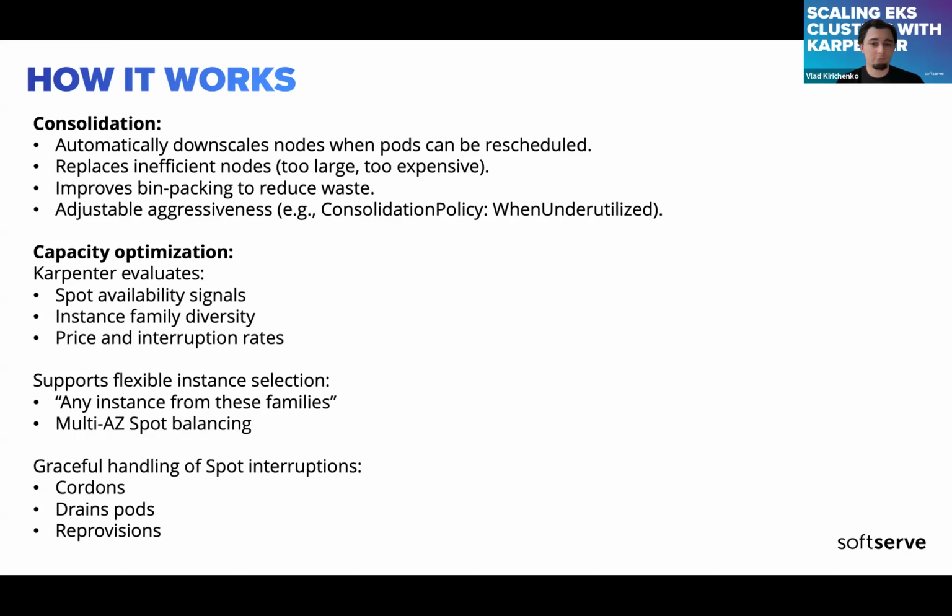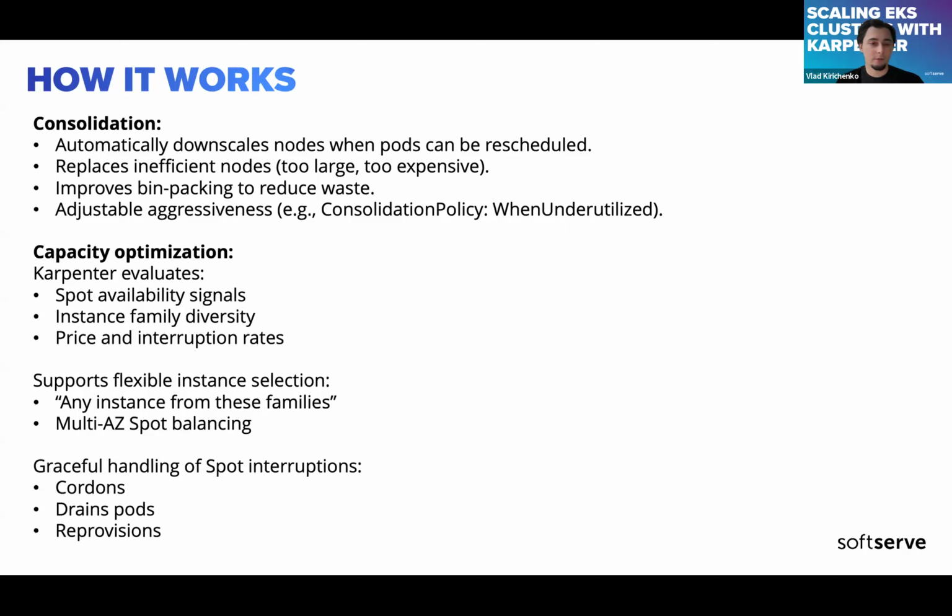Also, it has graceful spot interruption handling. When AWS sends a termination notice, it's 2 minutes before interrupting the spot instance. Karpenter receives the signal and marks the node as unavailable to schedule new pods.